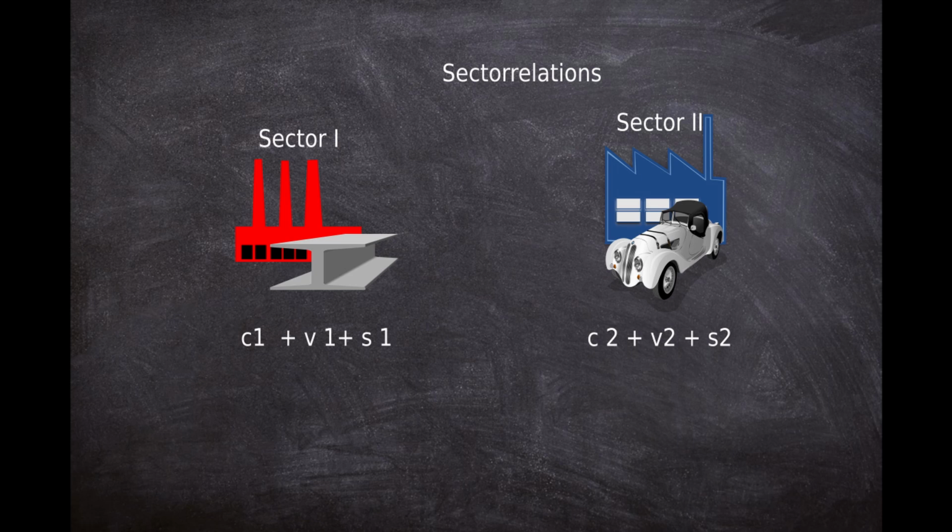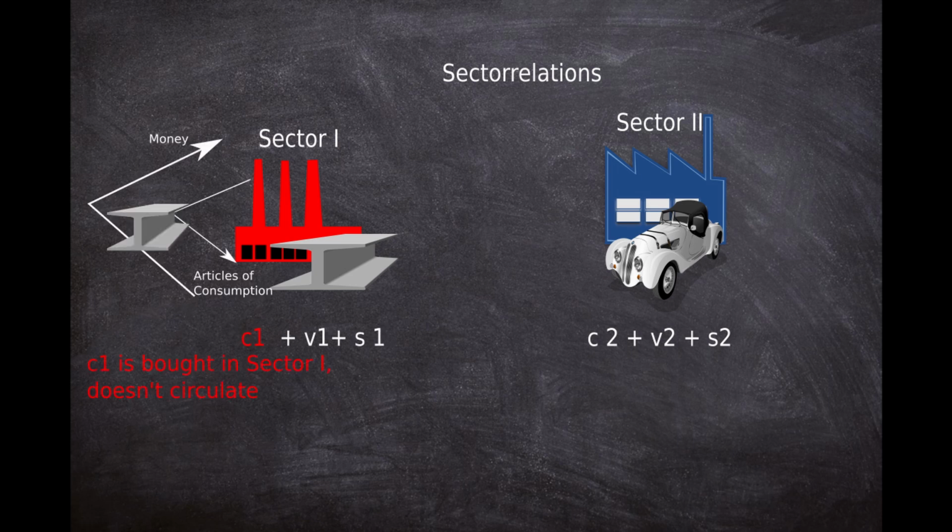Mutual or equal exchange is used to distribute them. Well, the constant capital of Sector 1 stays within Sector 1. The means of production used to produce further means of production stay simply within the sector. They have no further bearing on economy since they stay within one sector.